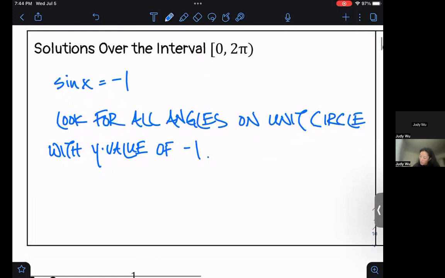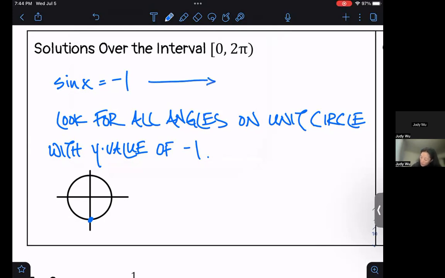I'm going to draw us a little picture here. If we think about our unit circle, we've got something kind of like this. And the only place where we have a y value of -1 is going to be right there. So that means that this equation actually only has one solution over the interval 0 to 2 pi.